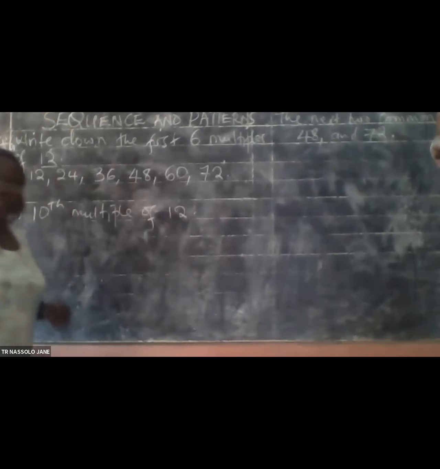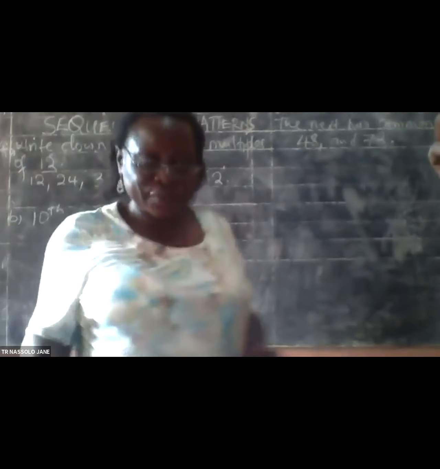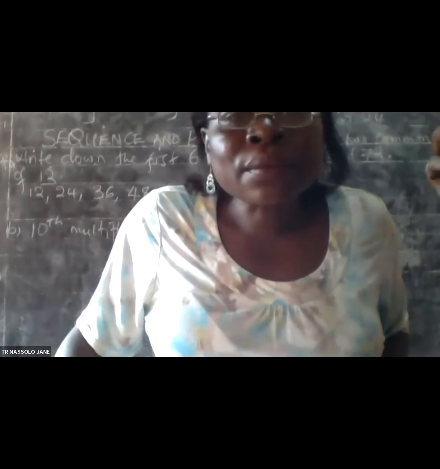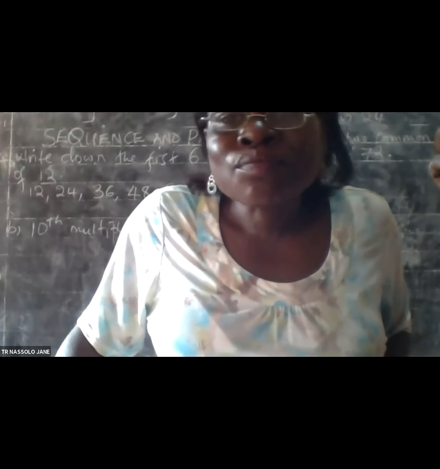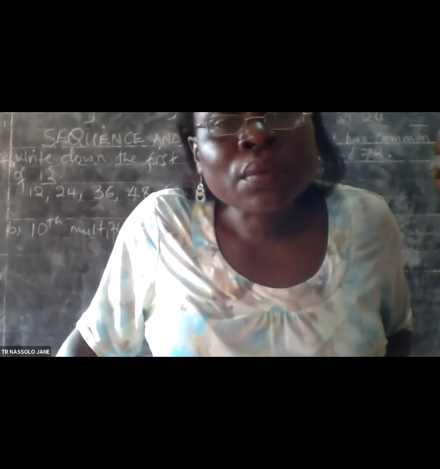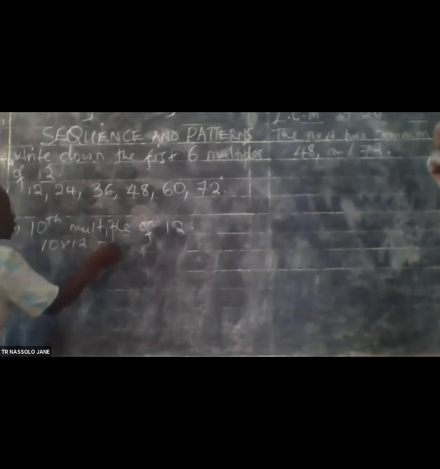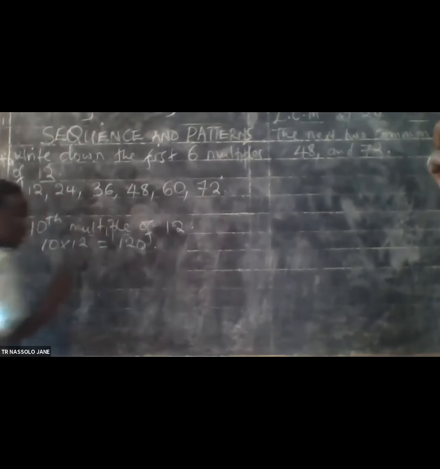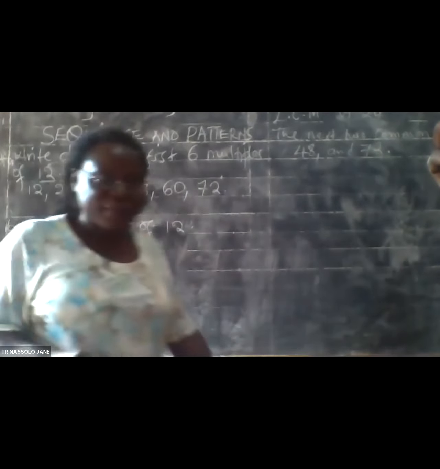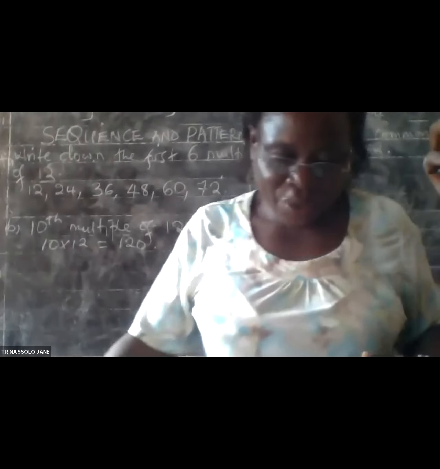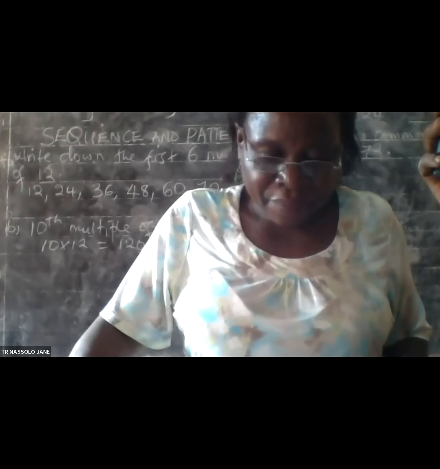How do we obtain the 10th multiple of 12? You get 10 multiplied by 12. 10 times 12 will give us 120. Thank you.